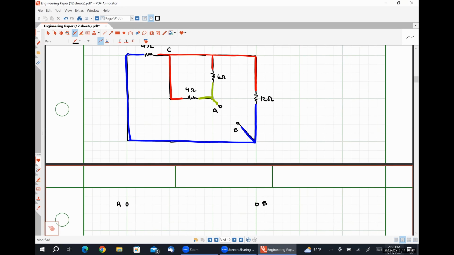So there is no direct path from A to B. So when I leave node A, my only choice is to go to node C. And I can either go through the 4 ohm resistor in the middle, or the 6 ohm resistor.